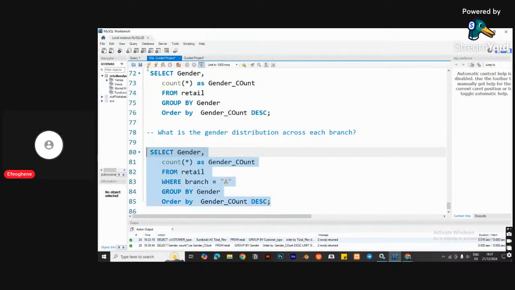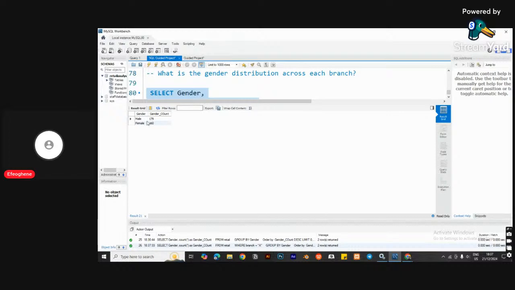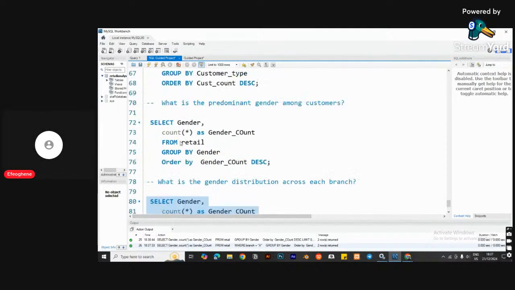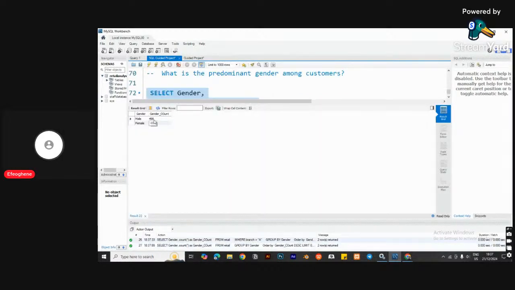When we run this, you can see the male distribution for branch A. We can see the comparison between male and female in branch A. But if you come over here, the total count, you can see the proportion of male relative to female in the whole information about our transaction is 498.